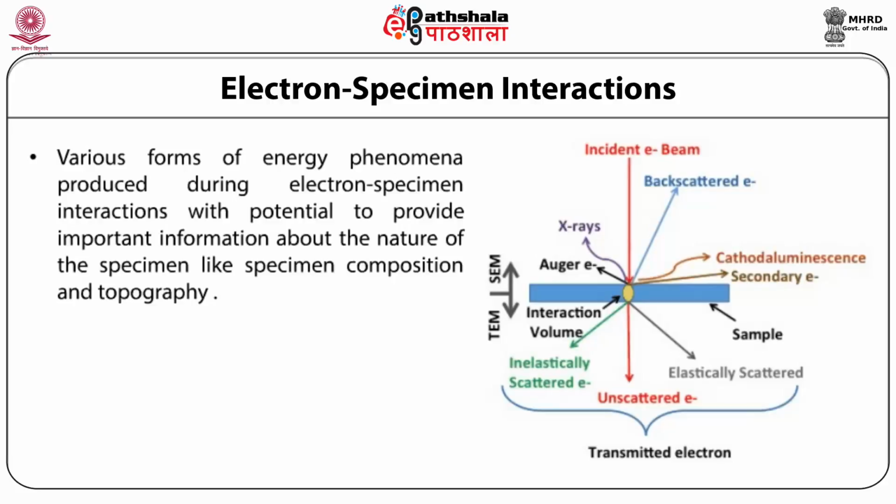As an electron travels through the specimen, the interaction volume, it scatters, losing energy and changing direction with each atomic interaction. Scattering events can be divided into two general cases. First is elastic scattering and second is inelastic scattering.